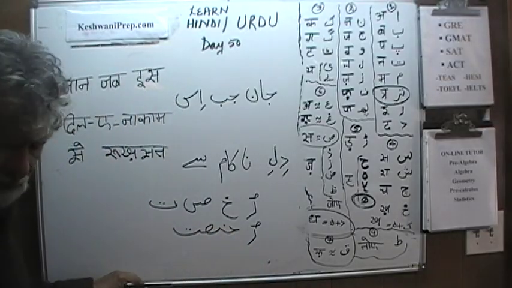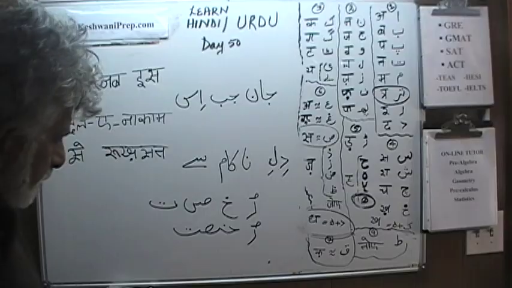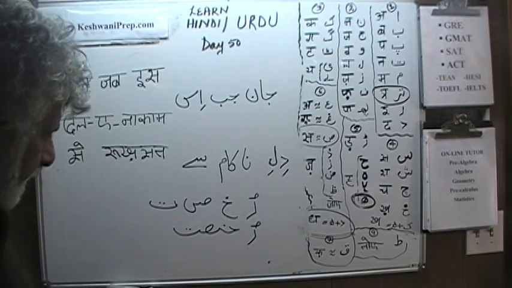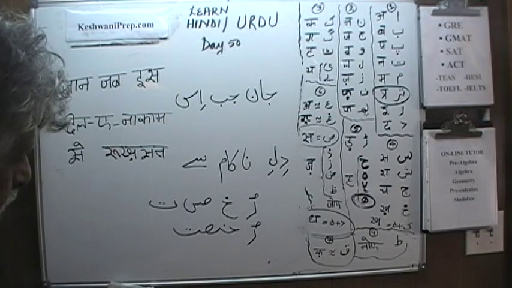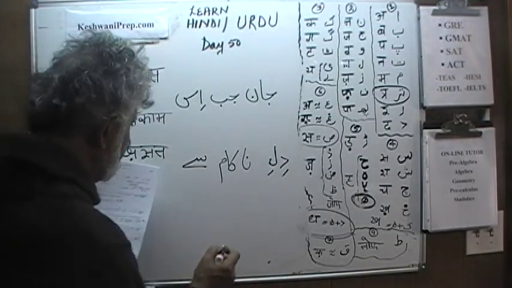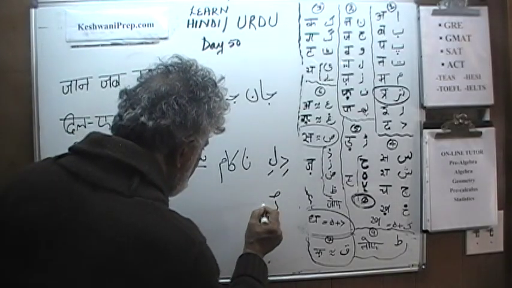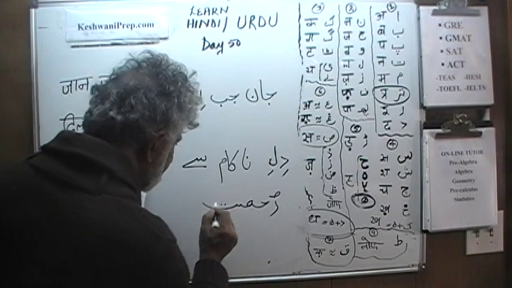Rukhsat. Let me look at my notes to make sure I wrote it correctly. Yeah, that looks all right, I guess. Rukhsat. We do need to have a look. Rukhsat.